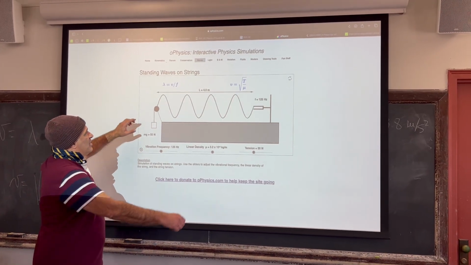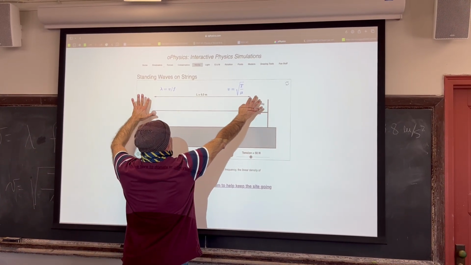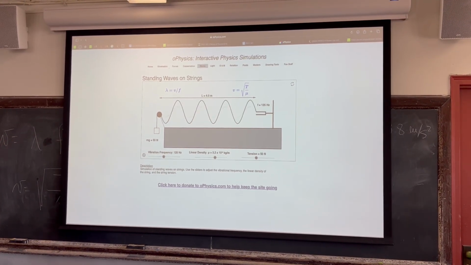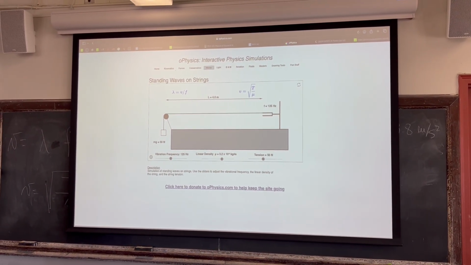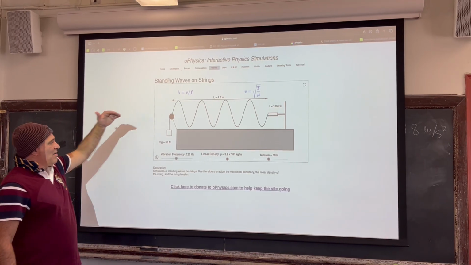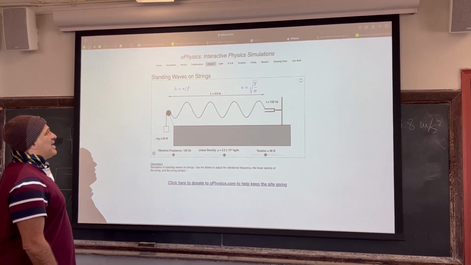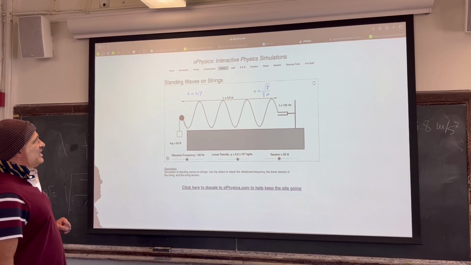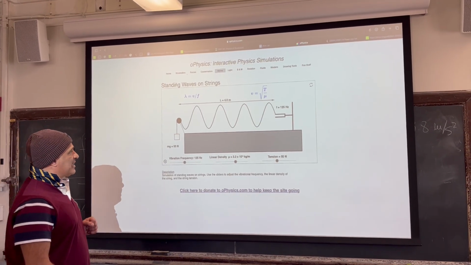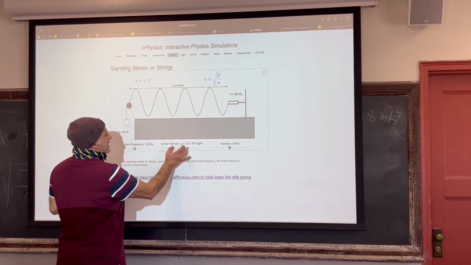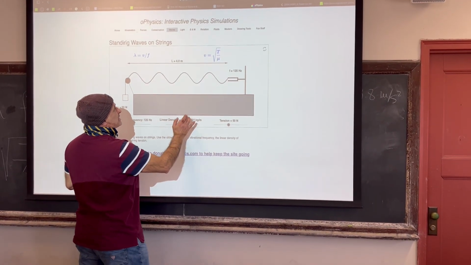Because we know this length L, and we know that n is equal to 4, we can determine the value of the wavelength. And so with the wavelength and the frequency, we will be able to determine the speed of the wave on the string of that system. We can also check that by using the tension of the string and the mass per unit length.